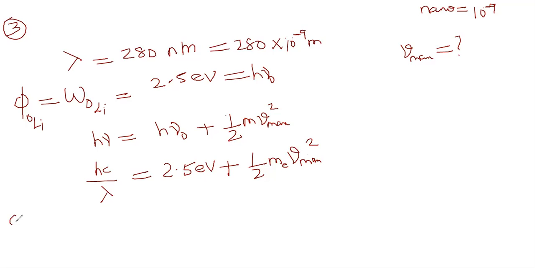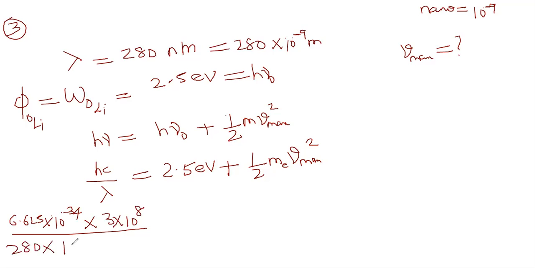So write that. H means 6.625 into 10 power minus 34, into c means 3 into 10 power 8, divided by lambda, given lambda 280 nanometers, into I am dividing now itself by 1.6 into 10 power minus 19.